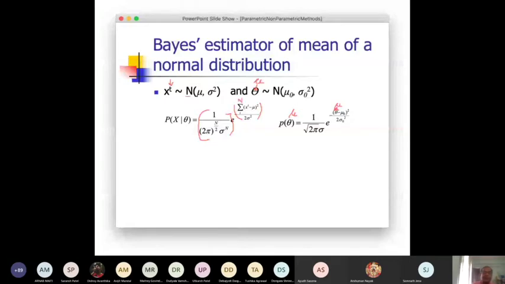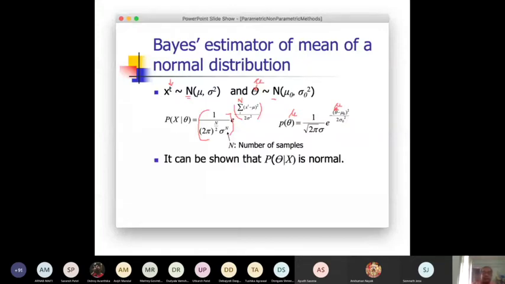This is the normal distribution notation, and this n is the number of samples. I hope now it is clear.